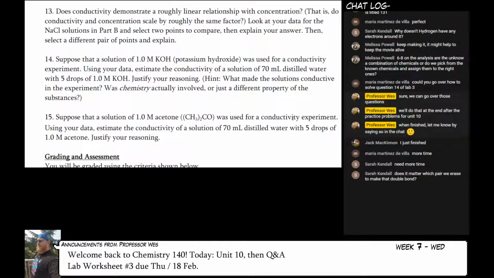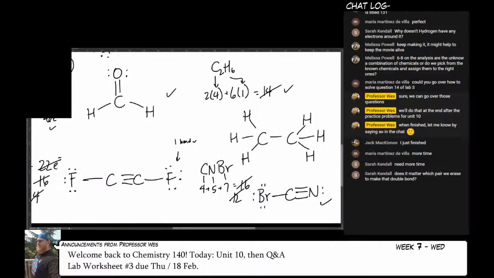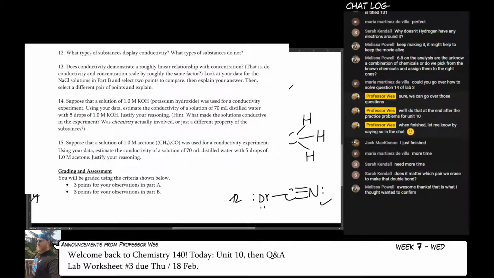All right, so you know all about ionic compounds and how to make them. Now, in the experiment, let's go to this page over here real quick. Will this do what I want it to? Yeah, there we go.